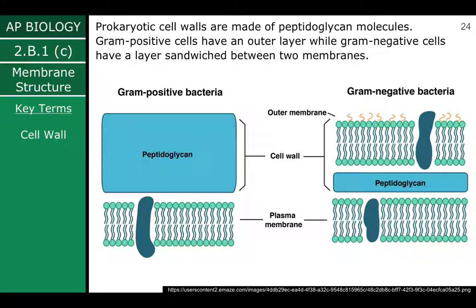Now, the last thing to talk about are prokaryotic cells. So the whole beginning was our eukaryotic cells, but now our prokaryotic cells are similar but at the same time different. They're made up of peptidoglycan molecules, and there are two different types of bacteria that we can have for our prokaryotic cells. We can have gram-negative or gram-positive bacteria.